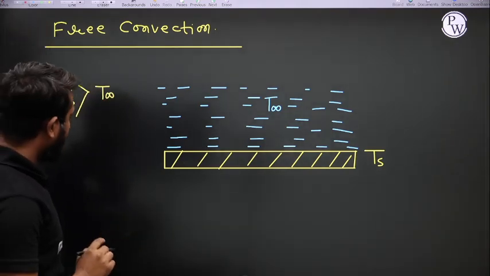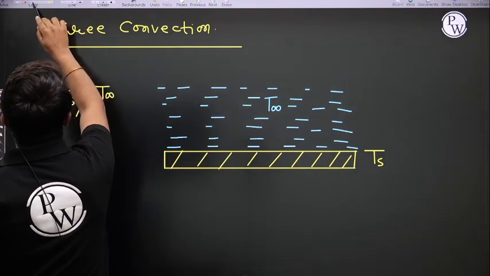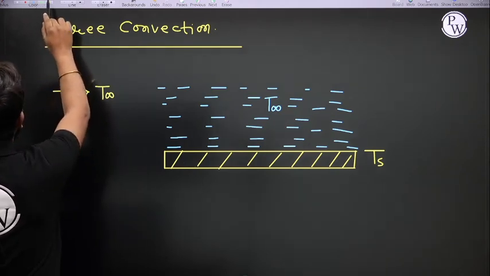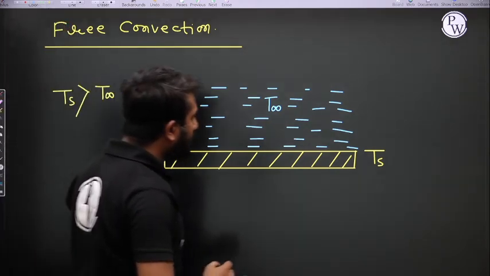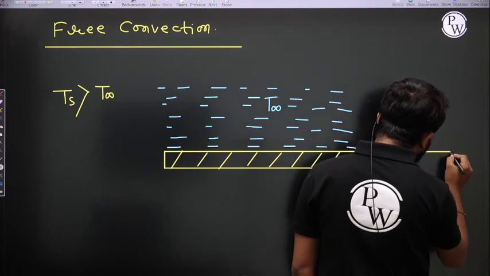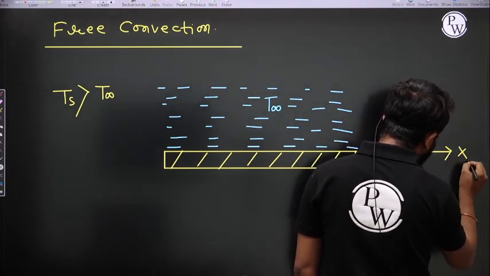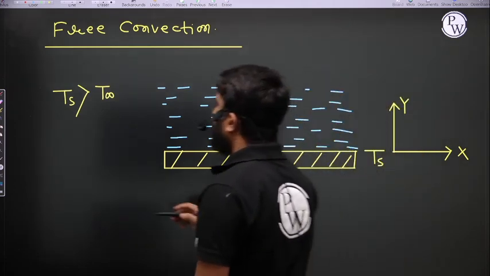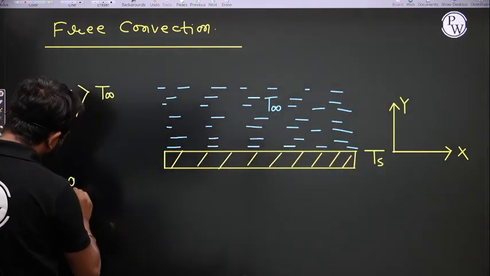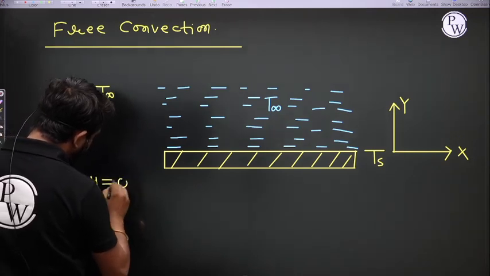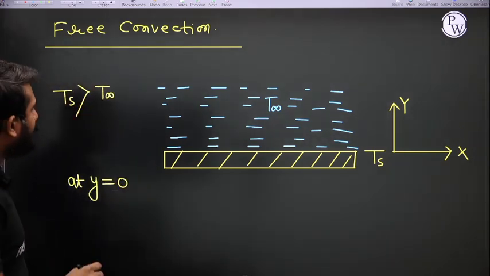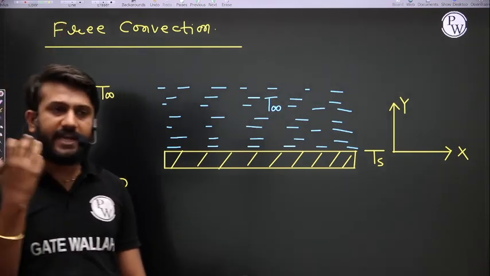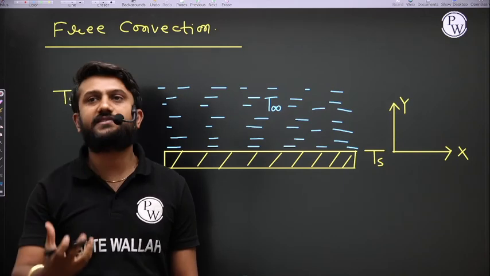Now see here, if Ts is greater than T infinity, and you observe the fluid particles present near the surface, that means at y equal to 0, in this coordinate system with the x-axis and y-axis, the fluid particles and the plate particles are in direct physical contact.